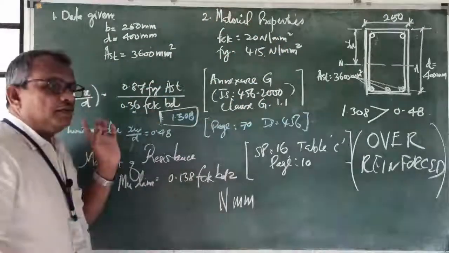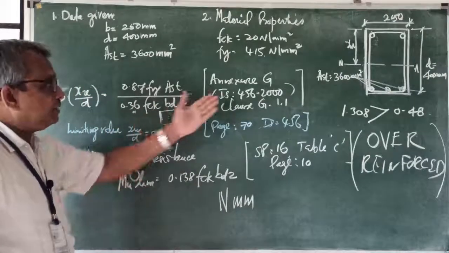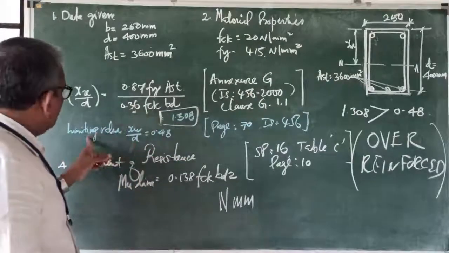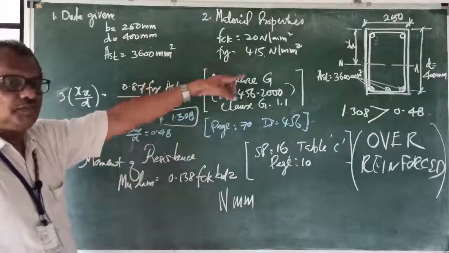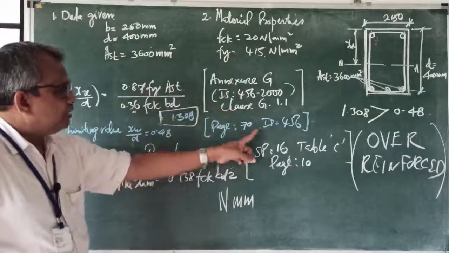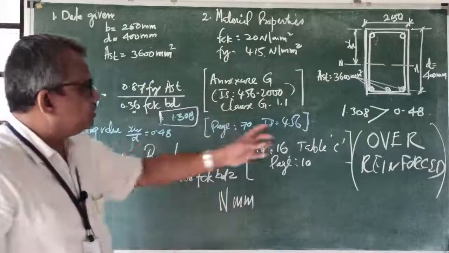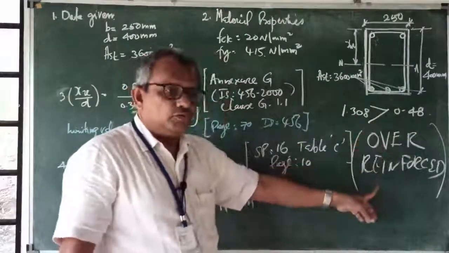Now the third step: from the code, take Xu by d ratio, this formula that is available from Annexure G. You will get that value, and compare that value with the limiting value of Xu by d, which is equal to 0.48 for this particular steel. That is from page 70 of IS 456. Then compare: here, 1.308 is greater than the limiting value 0.48, so it is an over-reinforced section.